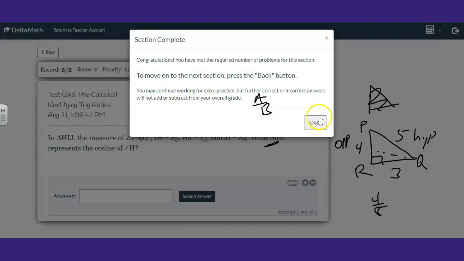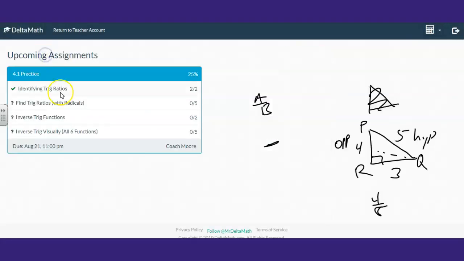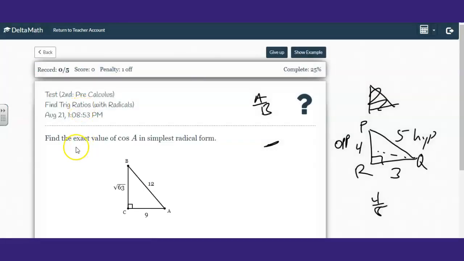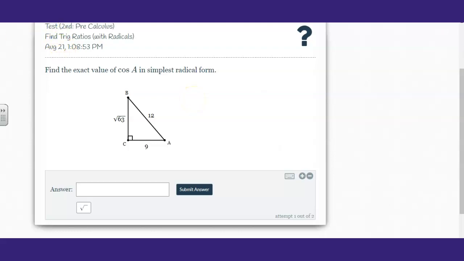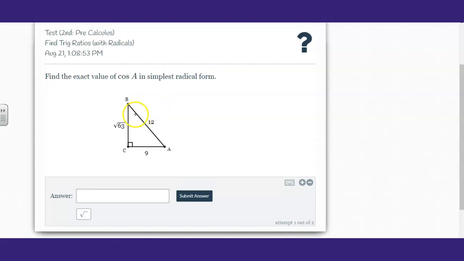For the next section, for this section right here, it says find the exact value of cosine of A in simplest form. So here's A. This is hypotenuse, and this is adjacent.